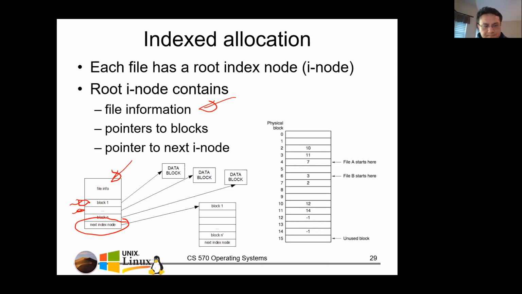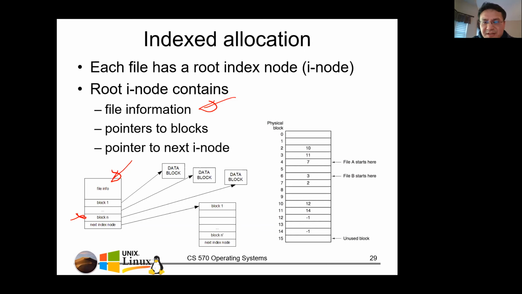So typically, here the number of direct pointers of physical blocks, so here I have n direct pointers. Typically in a Unix implementation, n here is around 10, okay?